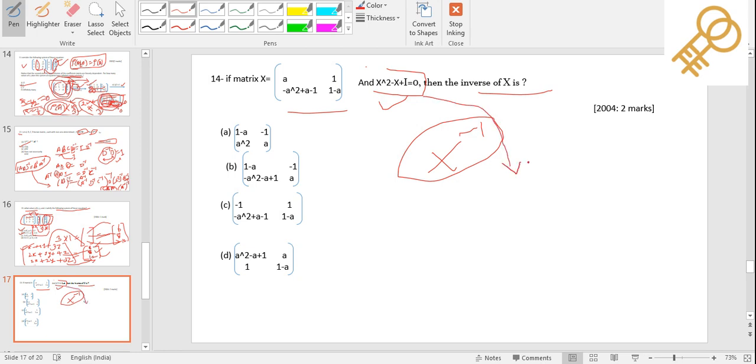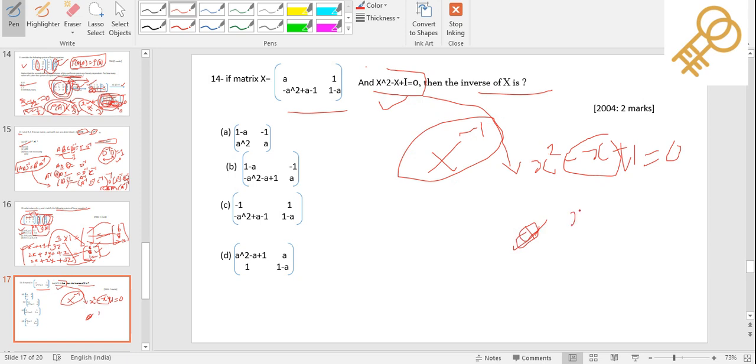So consider the given equation, that is X square minus X plus I is equal to 0. We have to find out X inverse. So do one thing: multiply by X inverse on both sides.